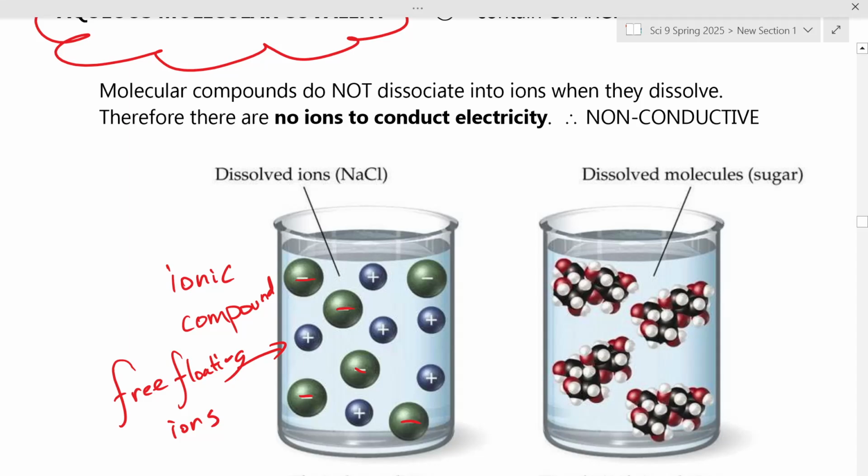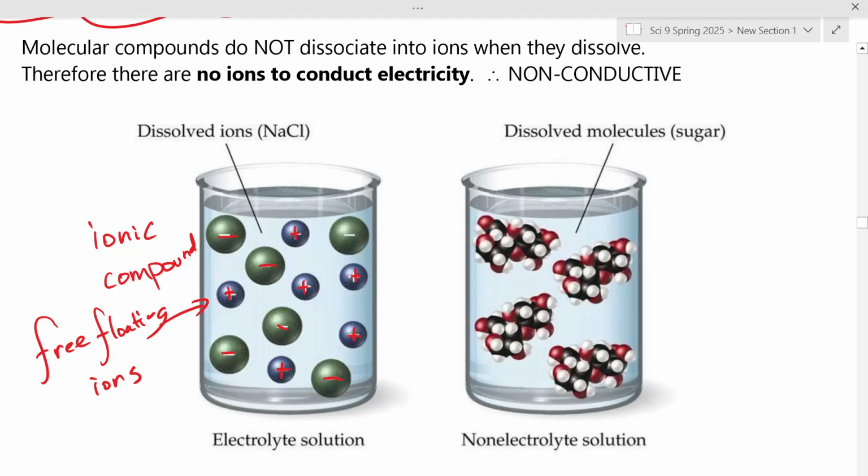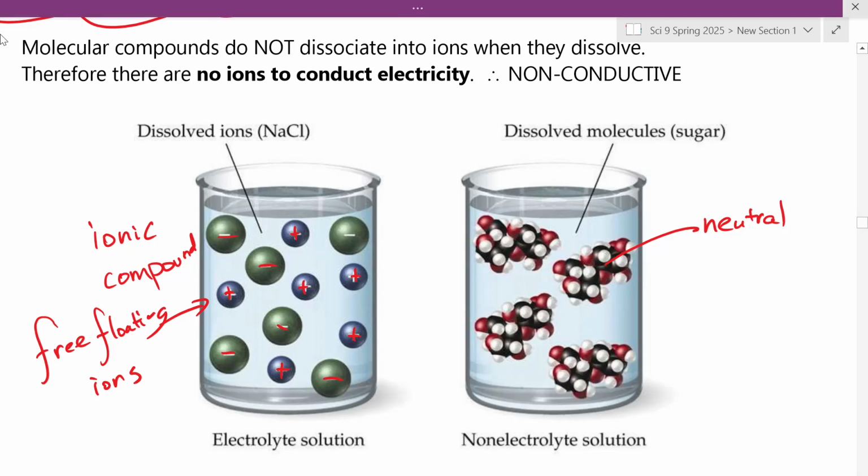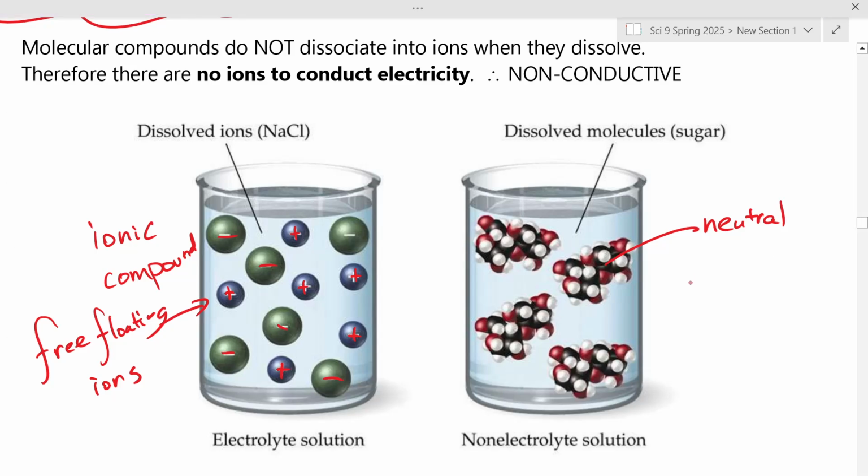Those are our chlorides, maybe. We have our positives. Those are sodiums, probably. But over on the right, we've got sugar dissolved. Do you see any charges on the sugar? No, sugar is neutral. All its protons and electrons are locked in place.